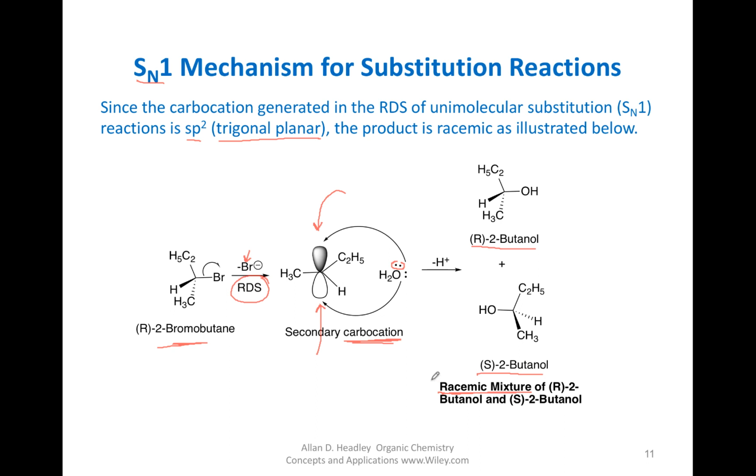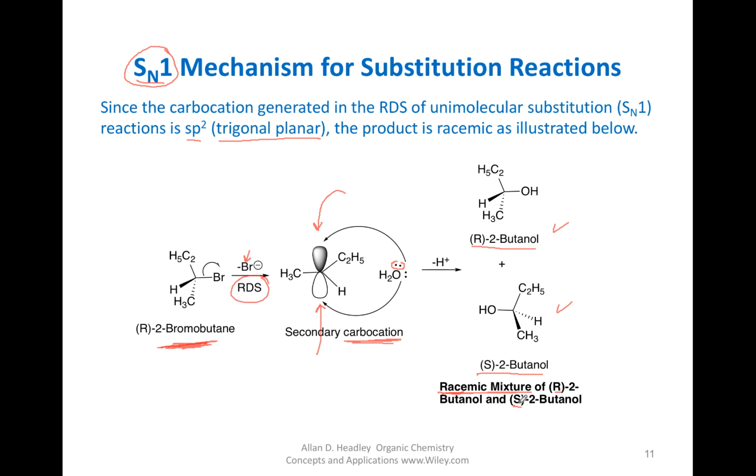So the SN1 reaction, if the reactant is optically active and if the reaction proceeds by an SN1 mechanism, the products are optically active, but, keyword here is but, there is an equal mixture of both to get a racemic R and S product.